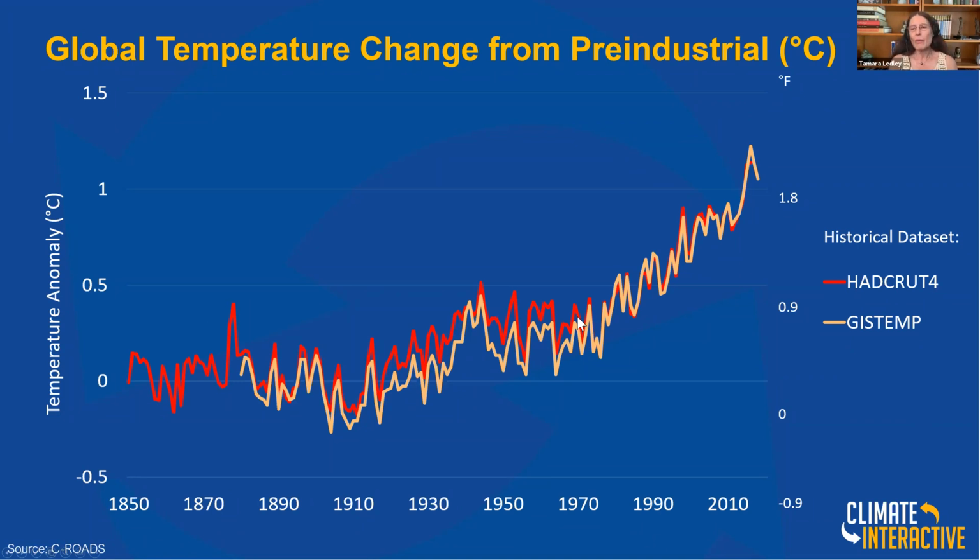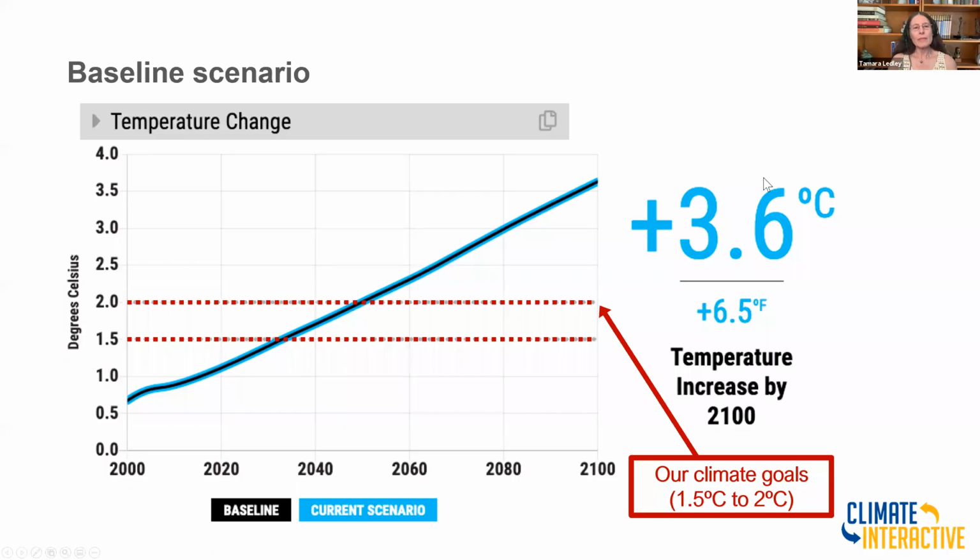In 1970, we began to have the satellite records. And since then, these records are completely in lockstep with each other, with an increase since 1850 of about 1 degree Celsius or 1.8 degrees Fahrenheit.